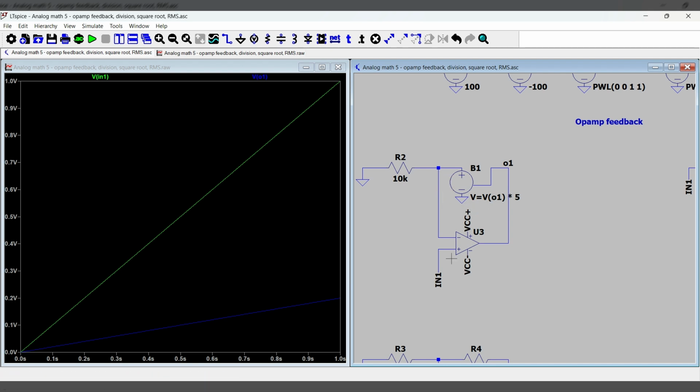So in order for this to work, the op amp must be transforming the voltage exactly in the opposite way that the feedback is transforming it, because of KVL, Kirchhoff's voltage law.